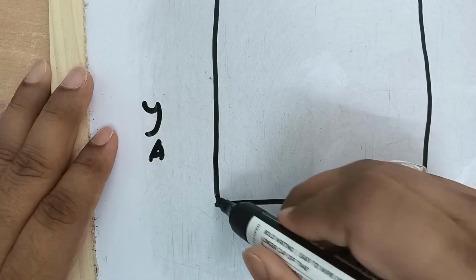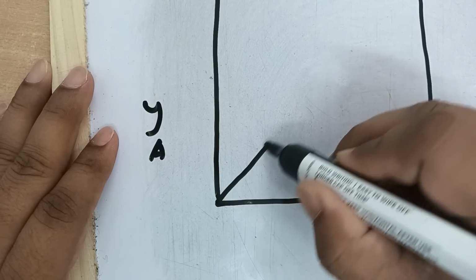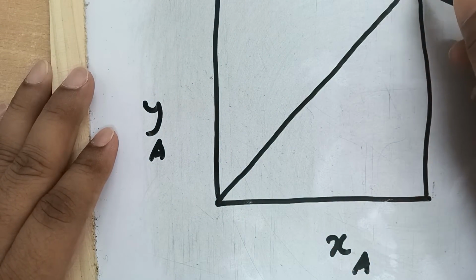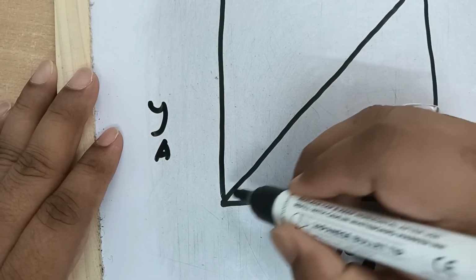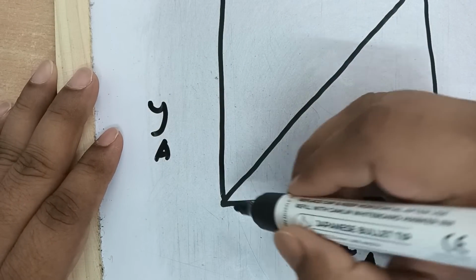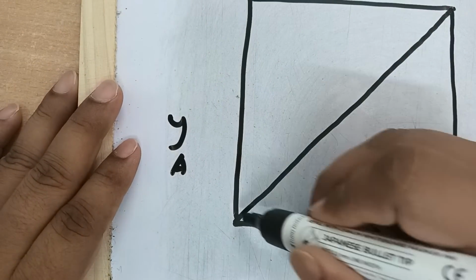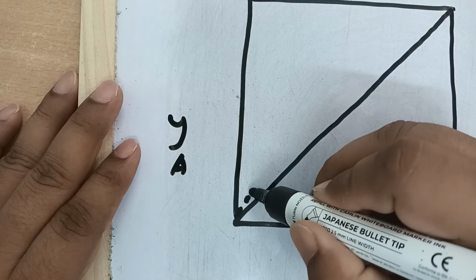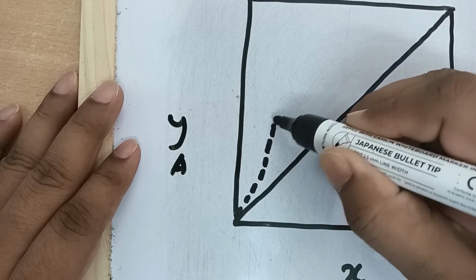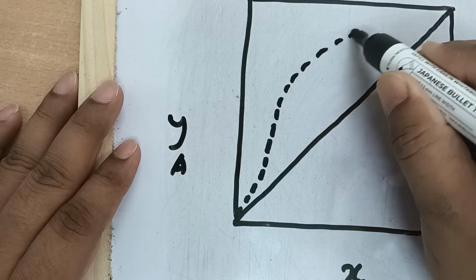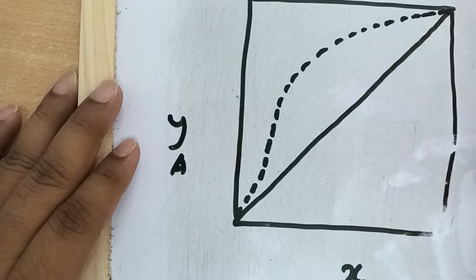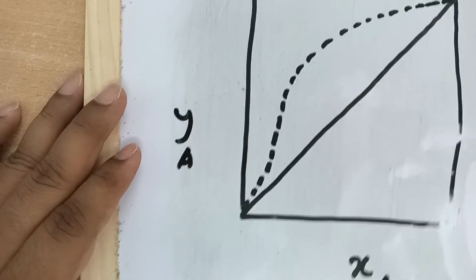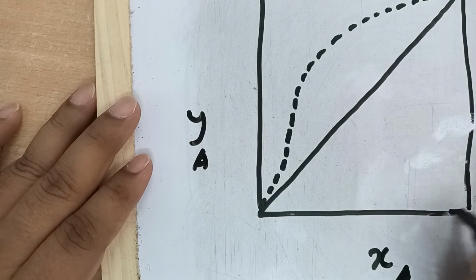You have the y equal to x line. Now instead of the regular concave downward shape, suppose our equilibrium line is something like this, and we are supposed to find the value of R minimum.